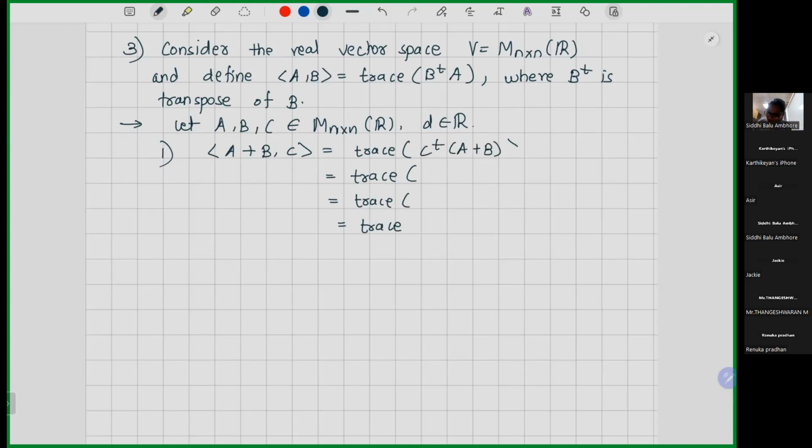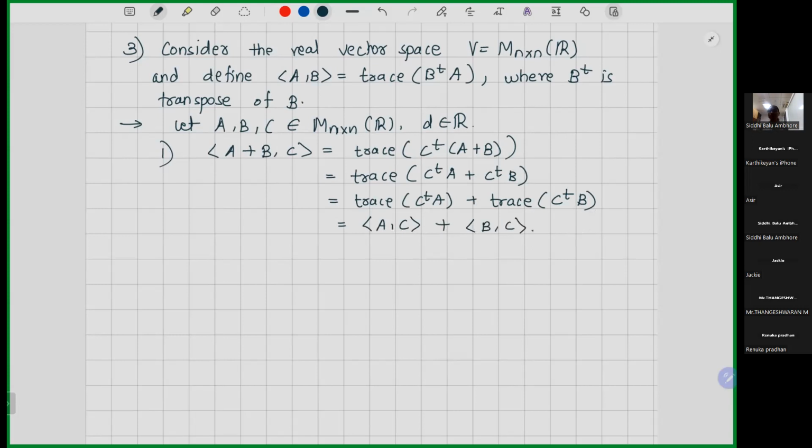Then this becomes the trace of C transpose A plus C transpose B, which is the trace of C transpose A plus the trace of C transpose B, which is A comma C plus B comma C, inner product.